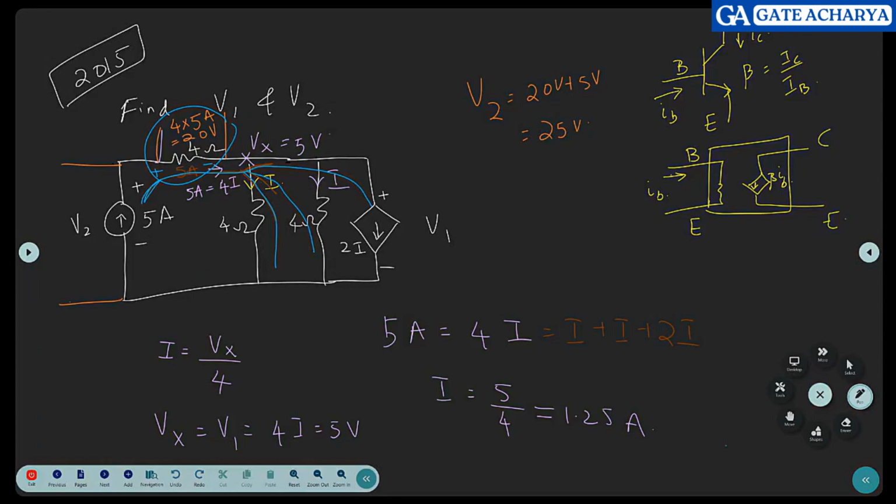Then I find here 1.25 amps into 4 ohms, that will be 5 volts. So 20 plus 5, 25. That is the total voltage here. If you try to measure from here to here, you are measuring through this one, it will be 25 volts.